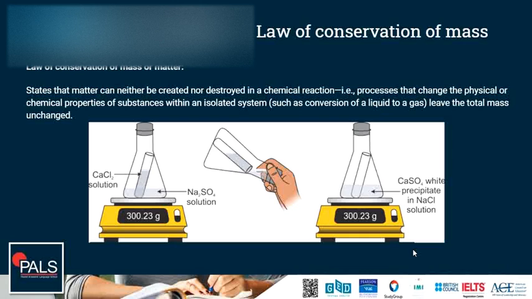Same in a chemical reaction. The mass of all the reactants is equal to the mass of all products being produced. Down here we have an example. We can see a closed system and 2 chemical substances, calcium chloride and sodium sulfate.